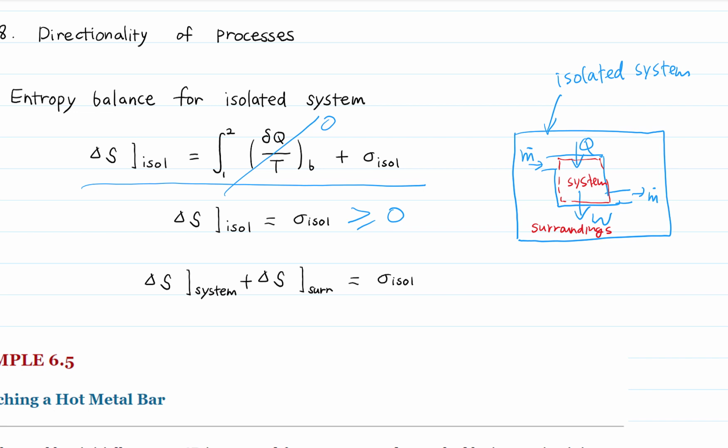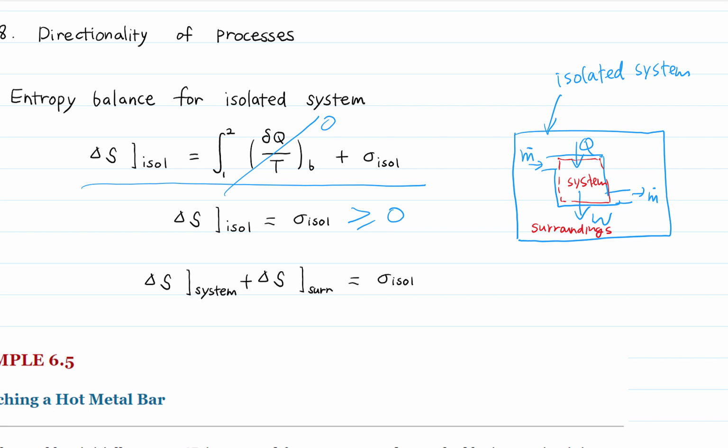So there is some process whereby the system receives heat from the surroundings and work is produced by the system. Mass goes in and out of the system. But notice that both the system and the surroundings are inside the isolated system. They may be considered as two subsystems of an isolated system.